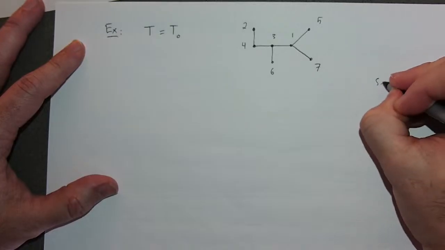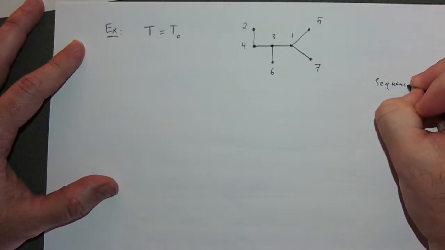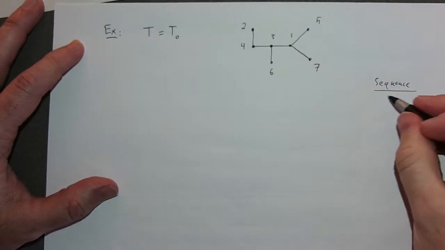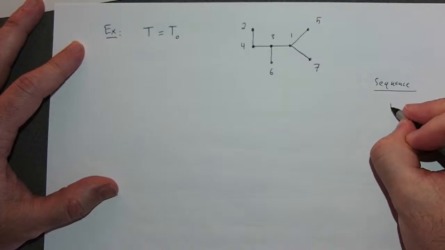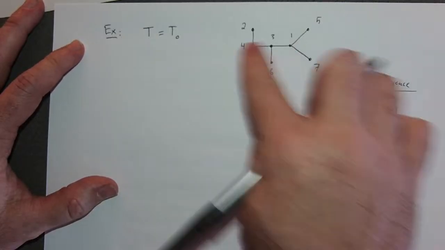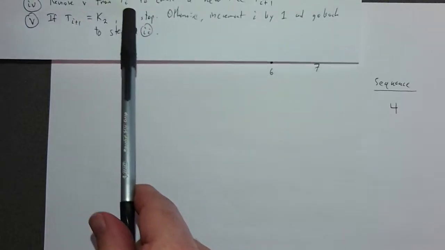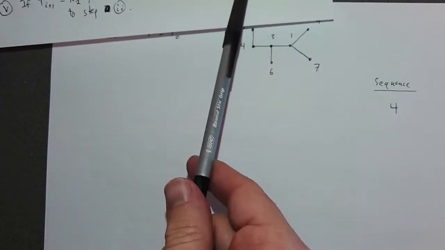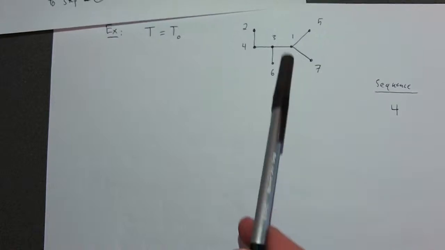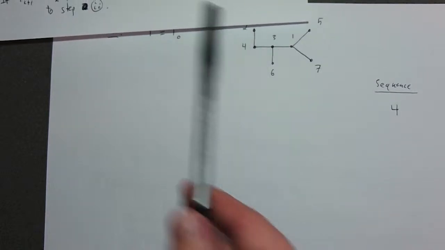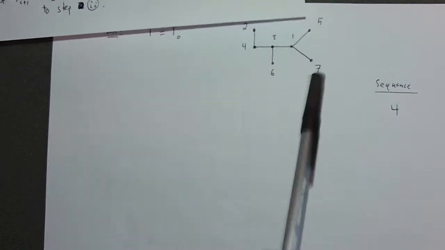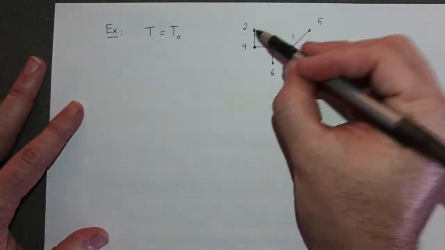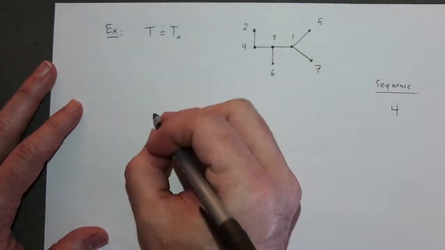So maybe I'll put a column over here of the sequence that I have at each step. And so 4 gets recorded. I need to remove V from T naught to create a new tree. If what I've ended up with after that is K2, I stop. Otherwise, I increment I by 1 and I go back and try to do this whole process again. So now I'm removing this vertex to have T sub 1.